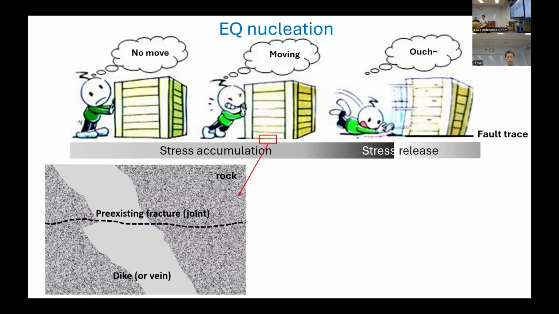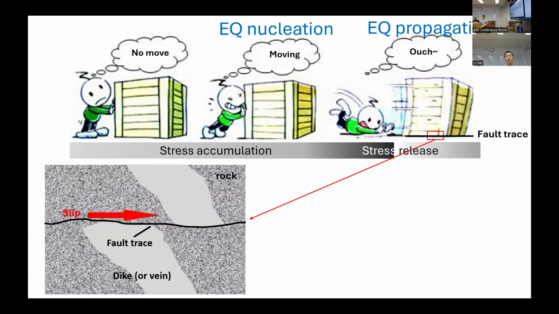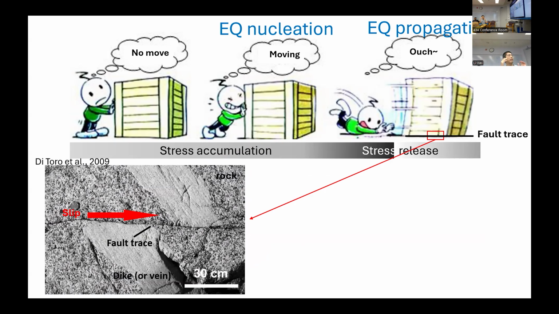We can imagine that kind of stuff in the outcrop. You can assume there's a pre-existing fracture in the rock, and after an earthquake, you will see a slip. In the outcrop, you can see exactly the same thing, like this.